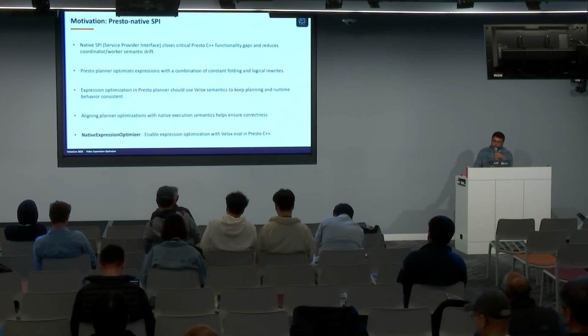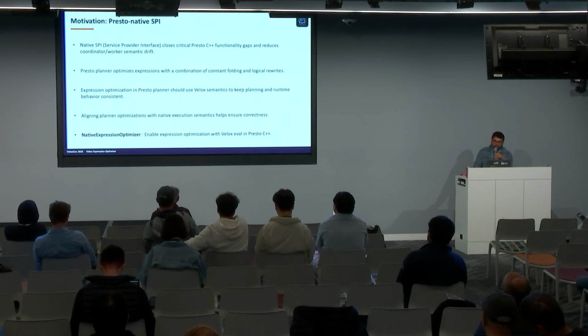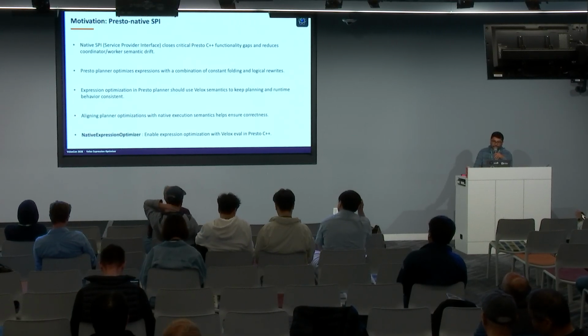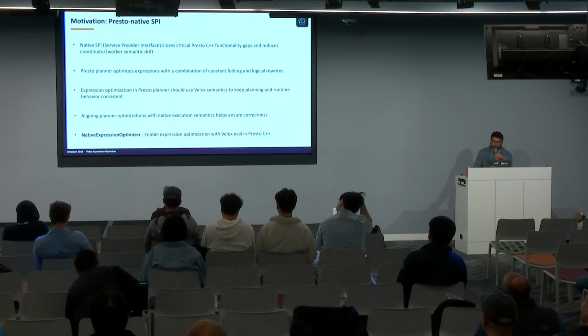One such customization that we wanted was expression optimization during query planning in Presto. The Presto planner optimizes expressions in order to make query execution more efficient. Previously in C++ clusters, this plan time optimization relied on a Java-based expression optimizer, and this used Presto Java's expression evaluation.